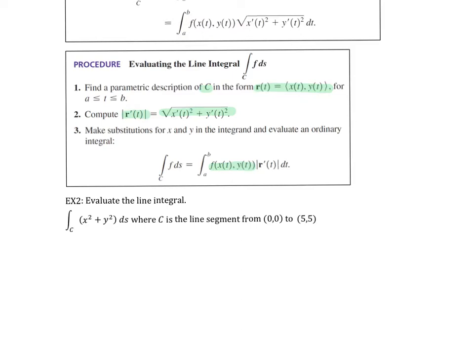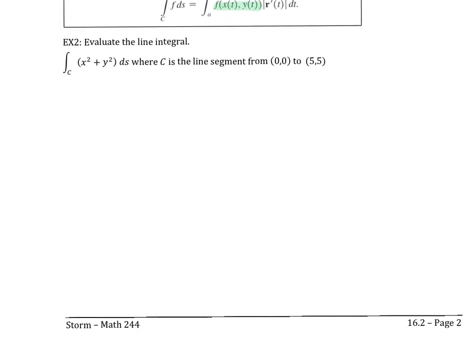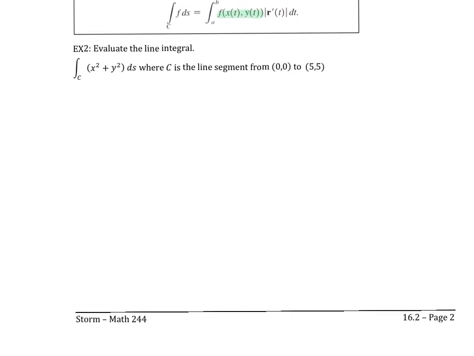Let's go ahead and compute some examples. Example 2, we want to evaluate this line integral. The integrand is x squared plus y squared, so notice this is not a vector, this is a scalar function, or a real function. However, it's written in terms of arc length, which we don't want, because my curve is this line segment from (0, 0) to (5, 5). I don't know how to define that curve in terms of arc length.